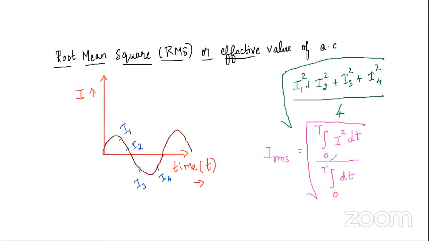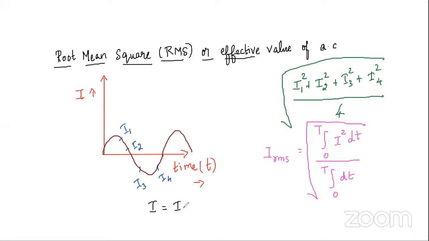It is similar. So now I will be writing the final expression for the RMS value of an AC current of the form I equal to I naught.